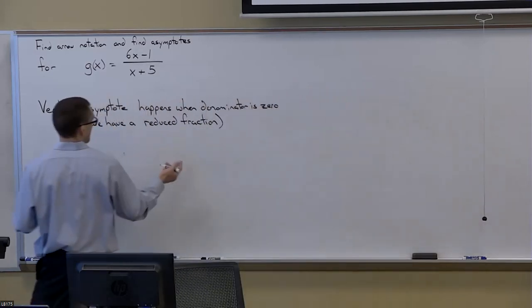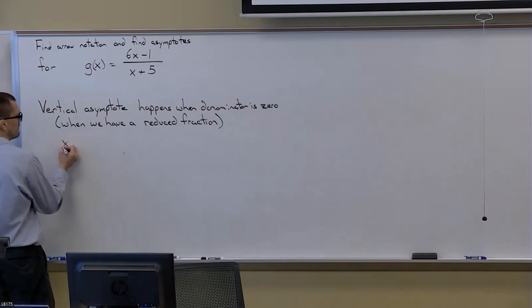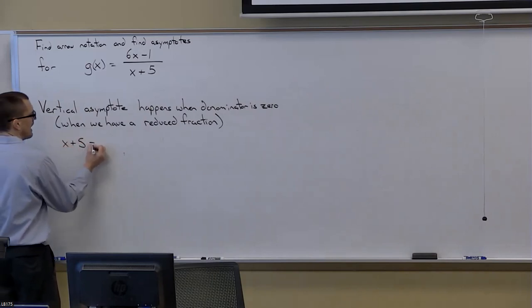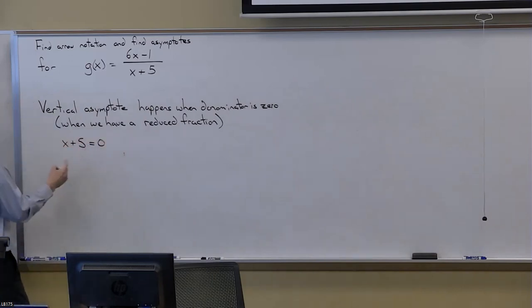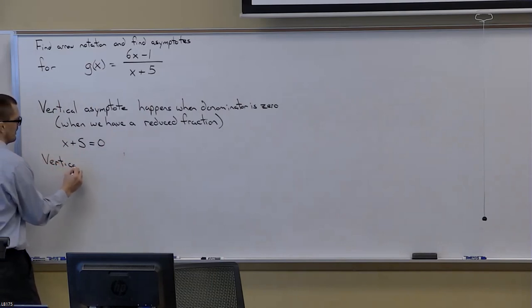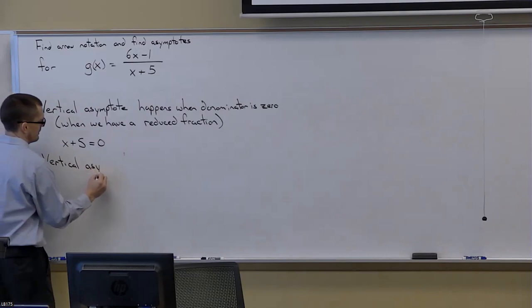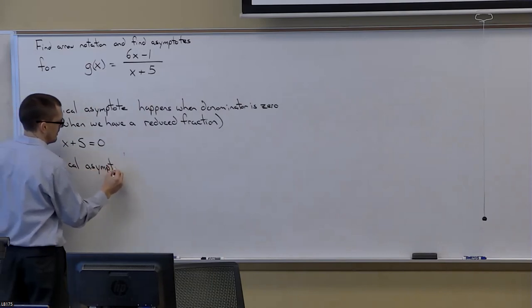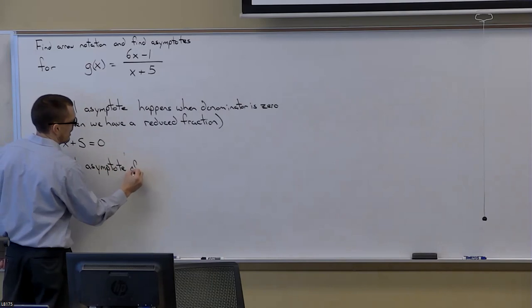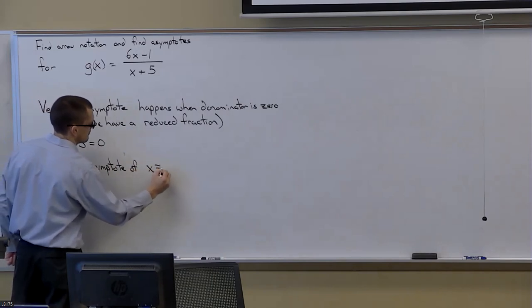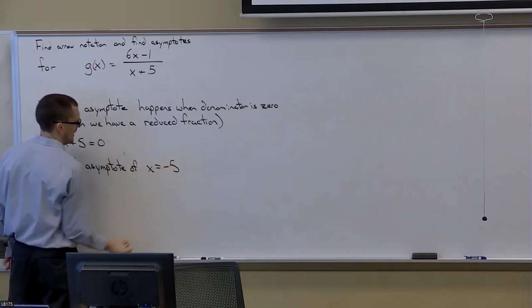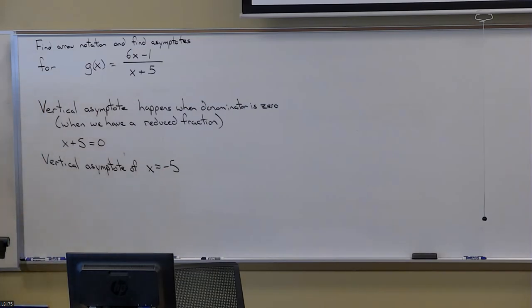All right, so vertical asymptote happens when the denominator is 0, and that means when x is -5. So vertical asymptote of x equals -5. Good.